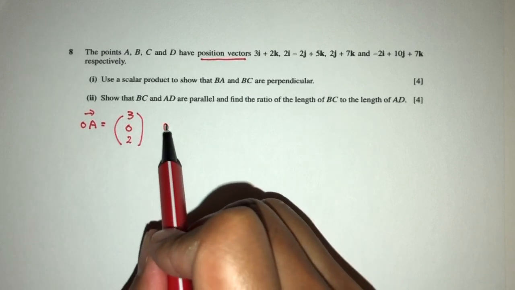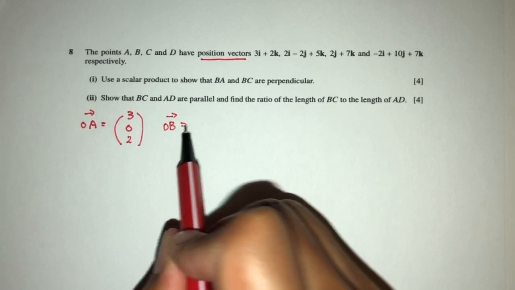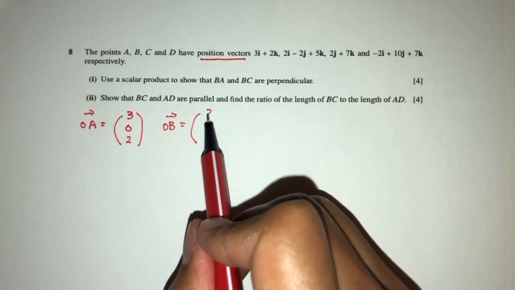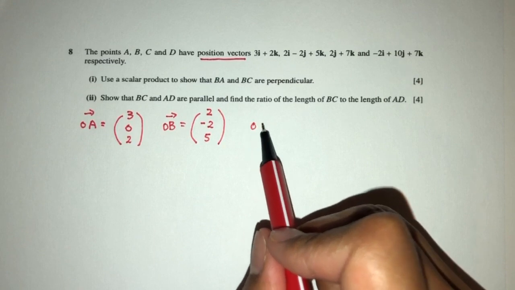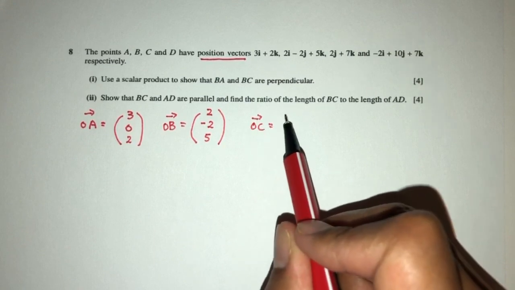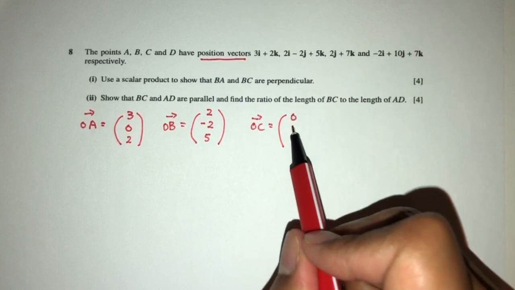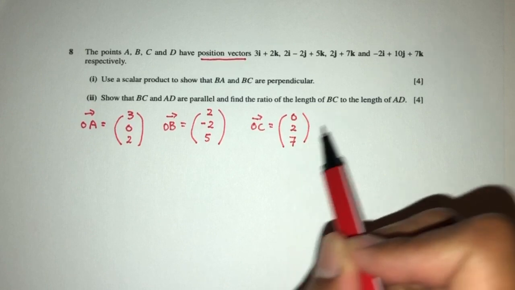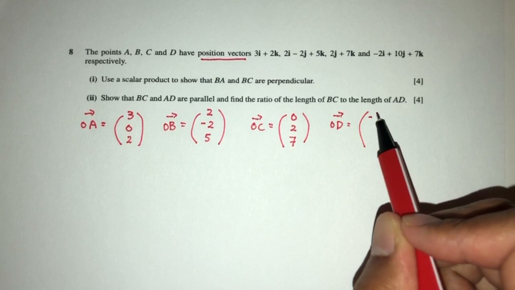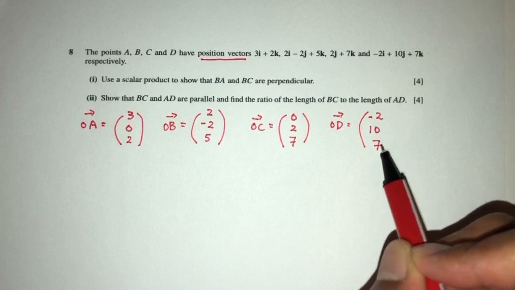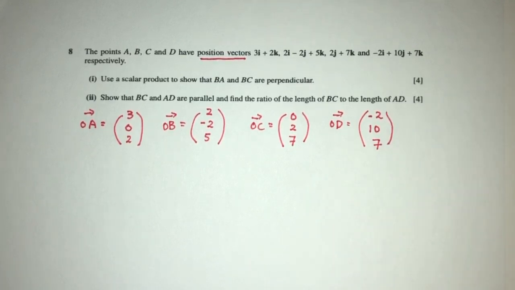And we have OB, that will be 2, minus 2, and 5. And we have OC, that will be 0, 2, and 7. And finally, OD, that will be minus 2, 10, and 7. These will be the position vectors of A, B, C, and D given to you by the question.